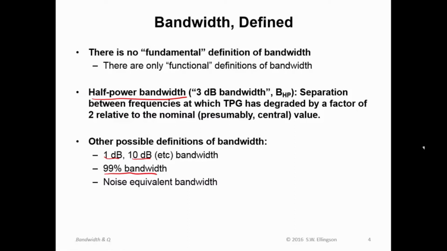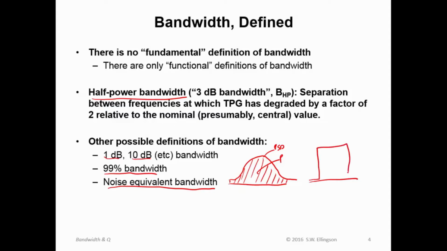Yet another definition is noise equivalent bandwidth. Noise equivalent bandwidth works like this. You say you have some weird kind of response that might look like this and contains therefore this much power, right? The power under the curve. So the line is power spectral density. The area under the curve is power. And then you say, look, what happens if I take all that power and I rearrange it like this?